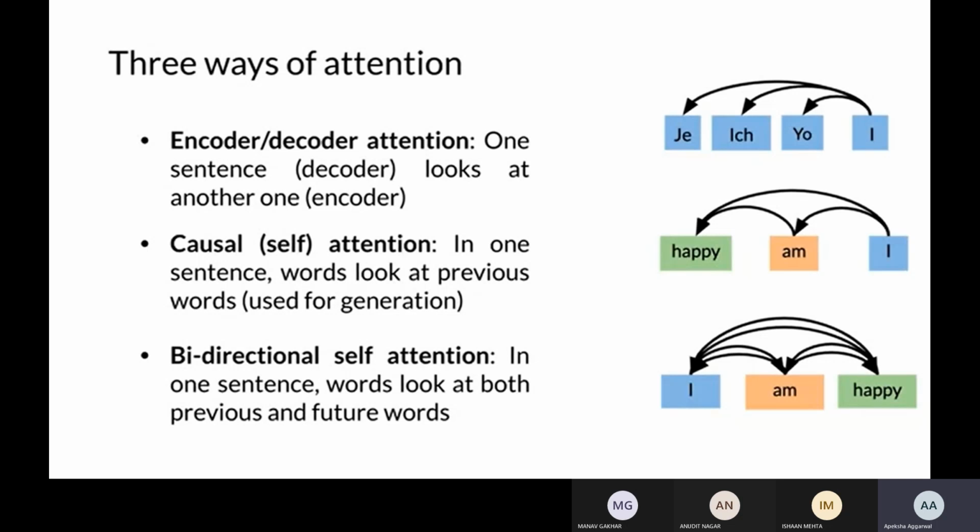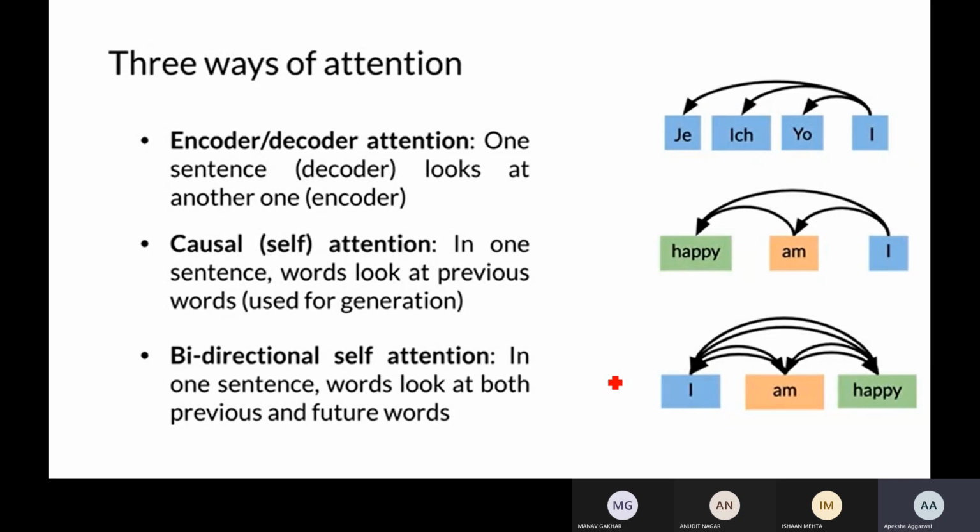Each and every word in the Hindi sentence will look up to all the words in the English sentence, that is the input sentence. So each and every word in the output sentence will look into all the words of the input sentence.